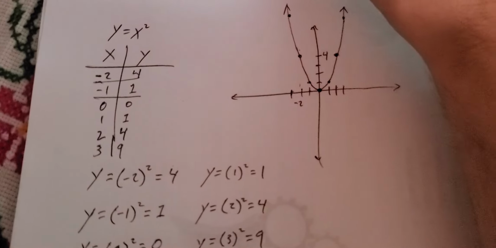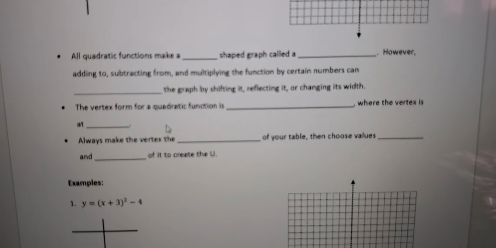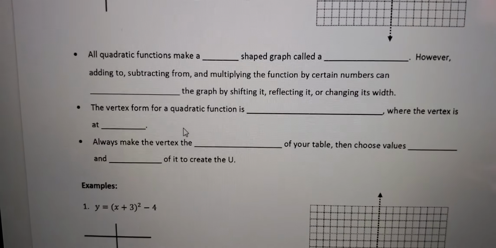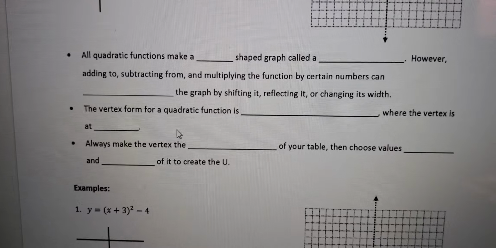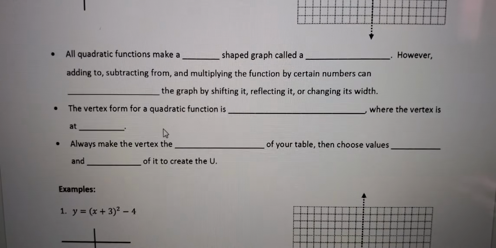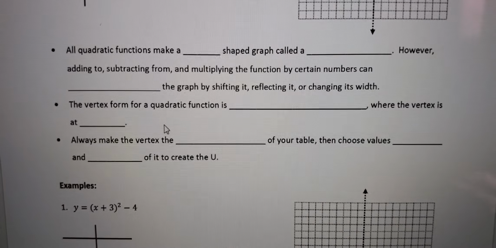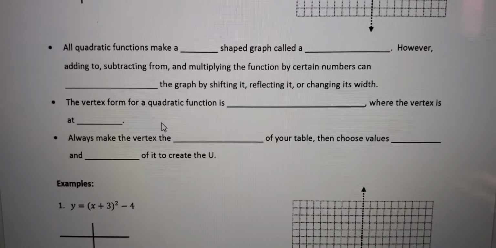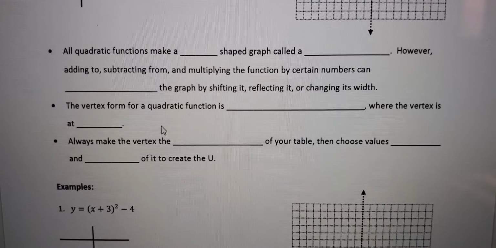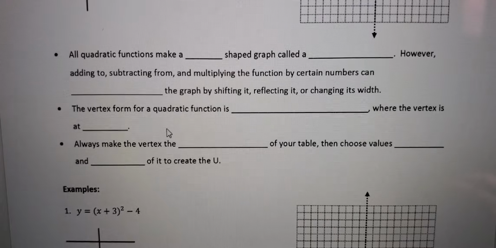Alright. Now, you have these words. So all quadratic functions make a U-shaped graph called a parabola. However, adding to, subtracting from, and multiplying the function by certain numbers can change the graph by shifting it, reflecting it, or changing its width.